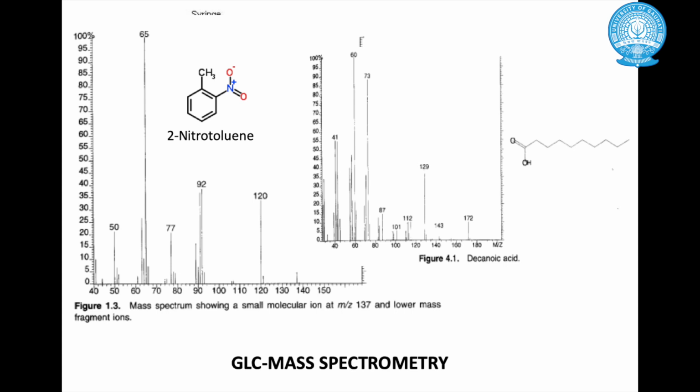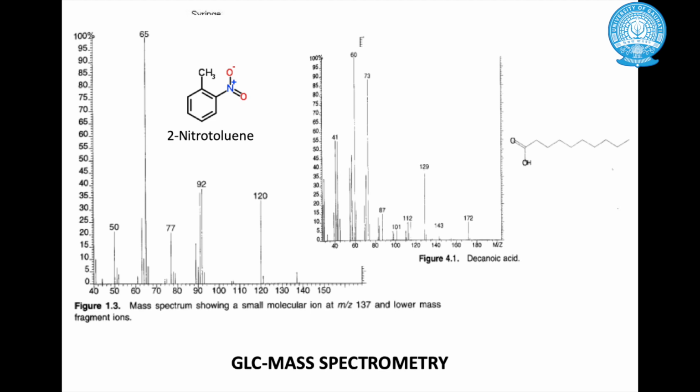In this way we will be able to detect a compound even when there is no authentic reference standard, but it is going to be detected based on its m/z value. The m/z value is possible only when we use a mass spectrometer in tandem with a gas chromatograph.